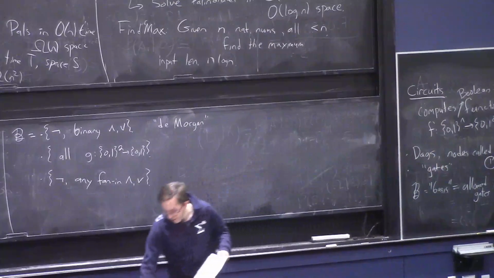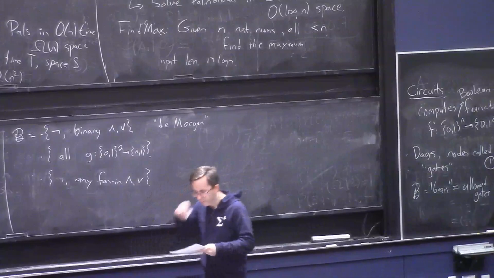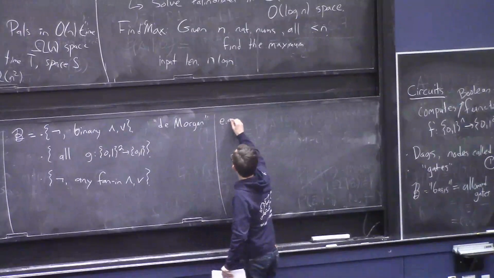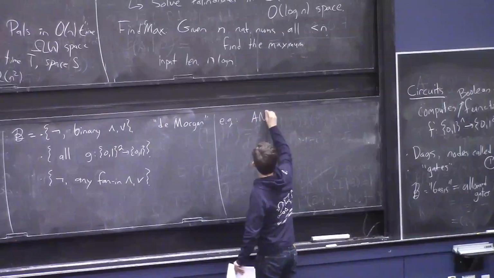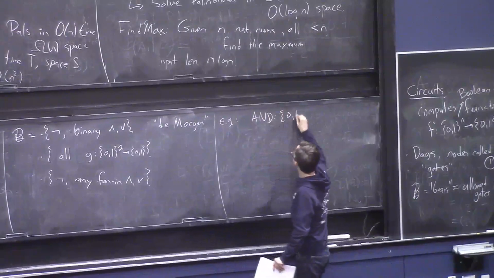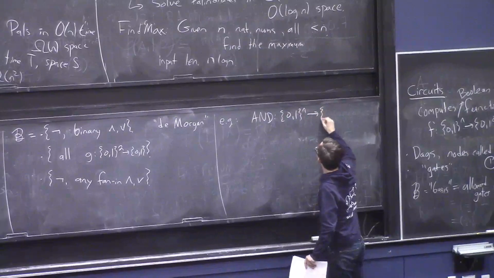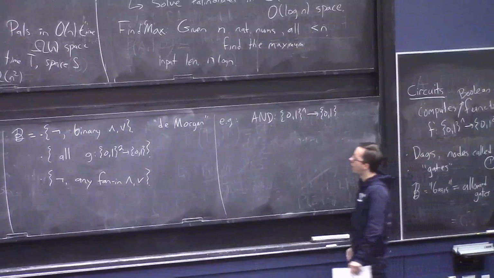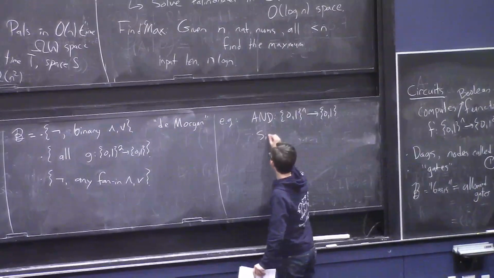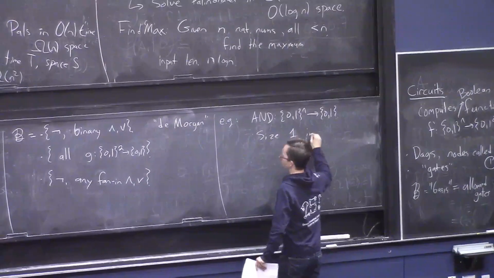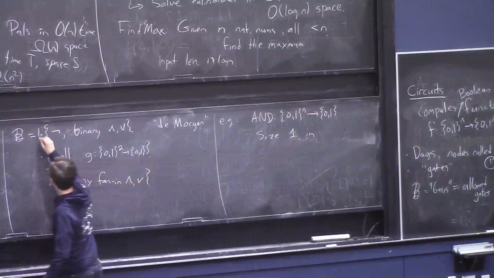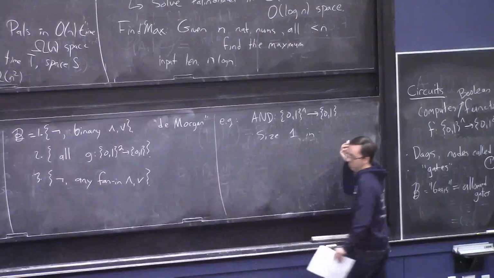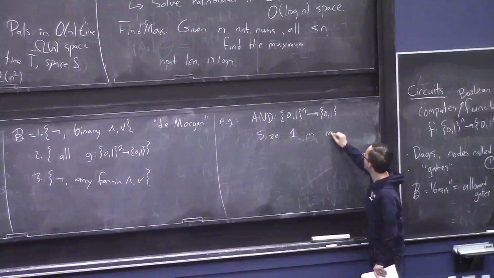Okay, so I'll give some quick examples here. If you wanted to compute the extremely simple function, the AND function on n bits, well, you can do it in size 1 in, let's call these models 1, 2, 3. In model 3, you just need one, you explicitly have a gate for that.